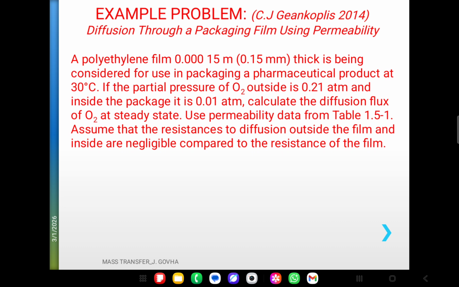If the partial pressure of oxygen outside is 0.21 atmospheres and inside the package it is 0.01 atmospheres, calculate the diffusion flux of oxygen at steady state. Use permeability data from the table. Assume that the resistance to diffusion outside the film and inside are negligible compared to the resistance of the film.